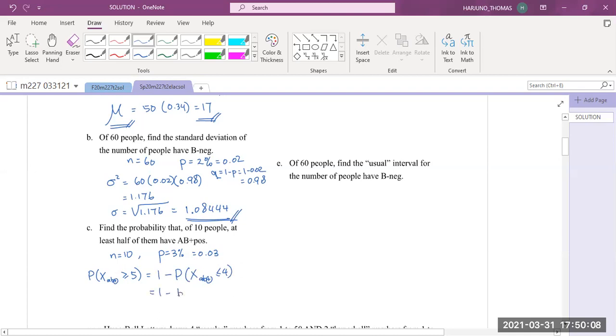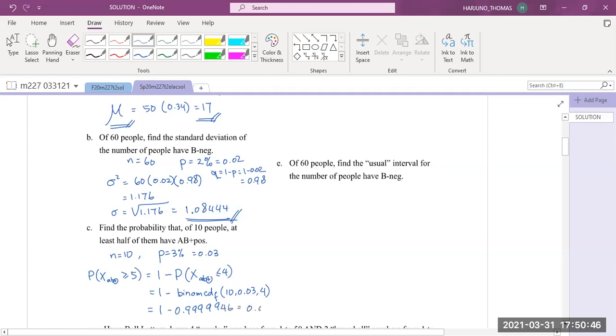That's 1 minus binomcdf of 10, 0.03, 4. Oh, that's 0.9999946.